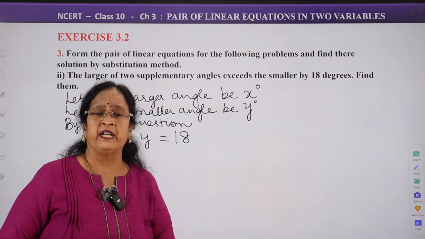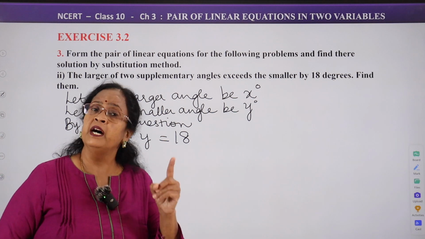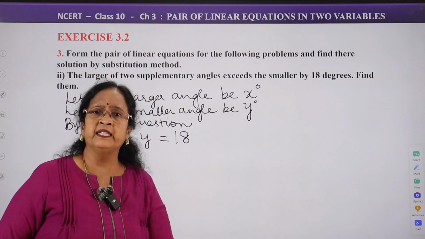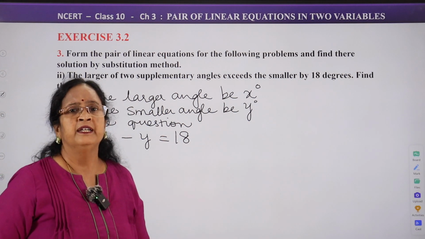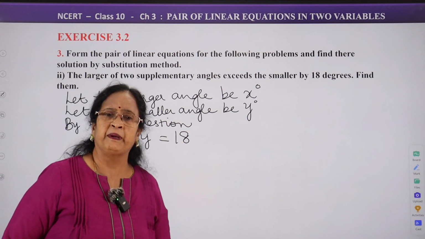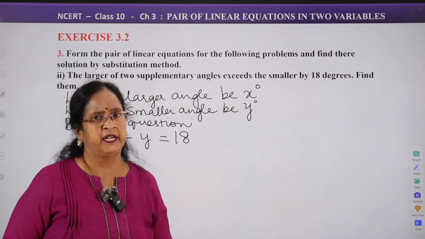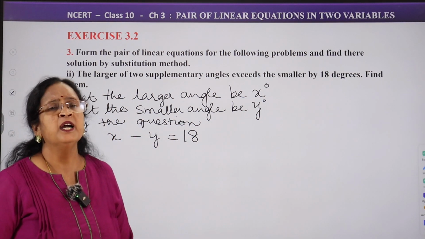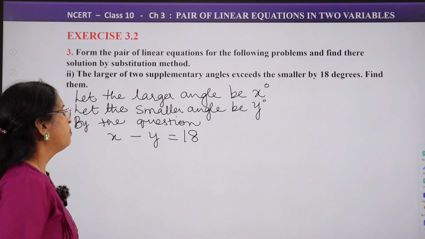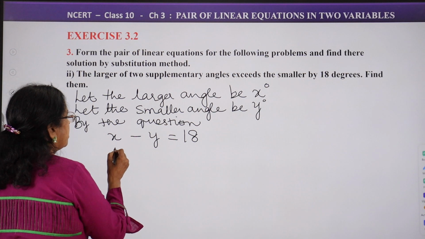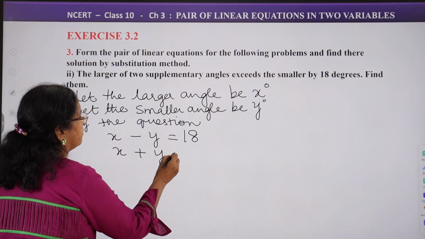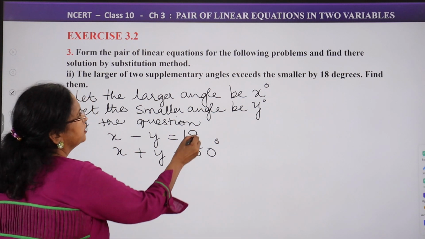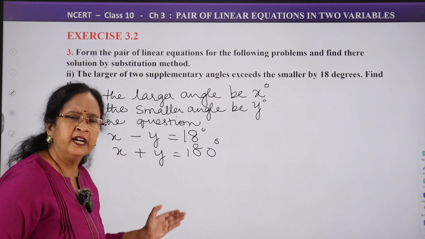So the second equation will come from the property of supplementary angles. One is given in the statement and the other we get from this property. What does that say? The sum of the two angles is always 180 degrees. So we got both the equations.